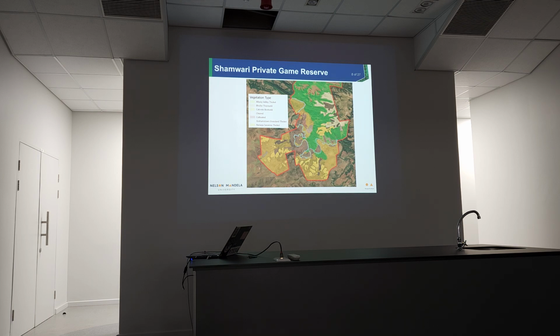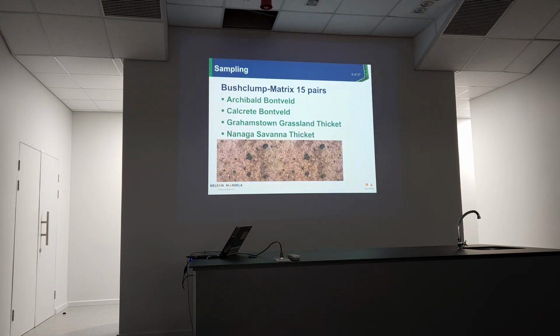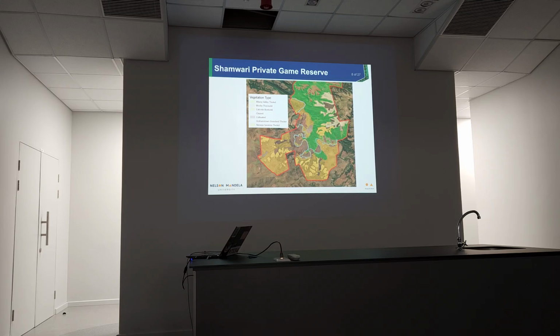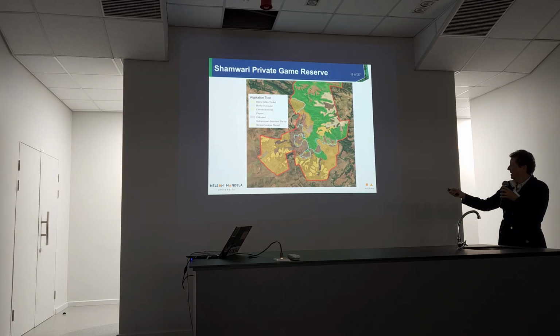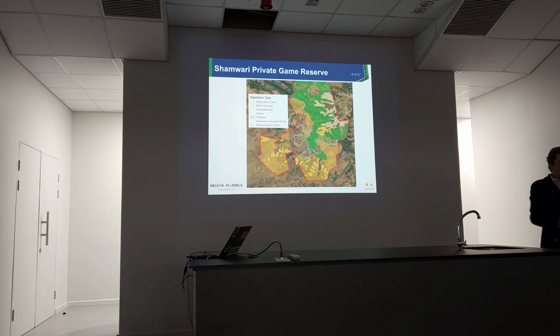Shamwari is expanding quite extensively at the moment. In this, the area that I showed you just now is down here, where you have Archibald Bontveld and Calcrete Bontveld right next to each other.